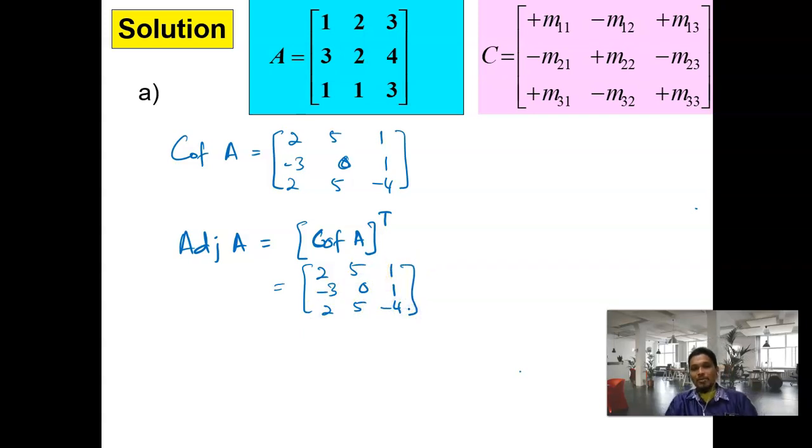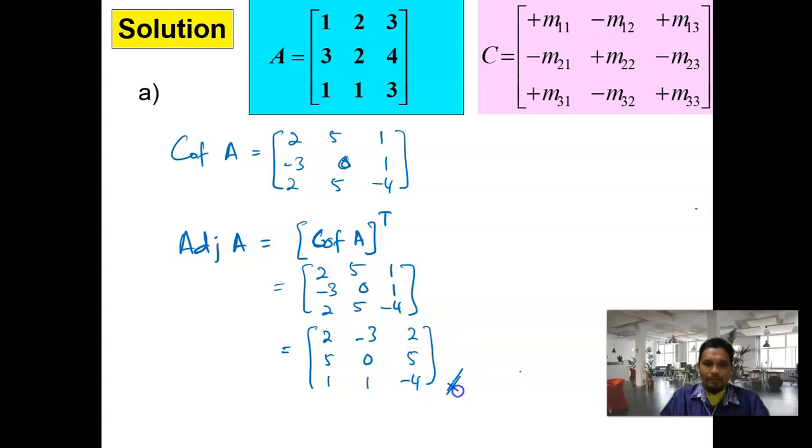The process of transpose, we interchange between a row and column here. So then it's now 2, 5, 1 from the row become column 2, 5, 1. Row number 2 become column number 2. And row number 3 become column 3, 2, 5, negative 4. There you go. Okay. Next.